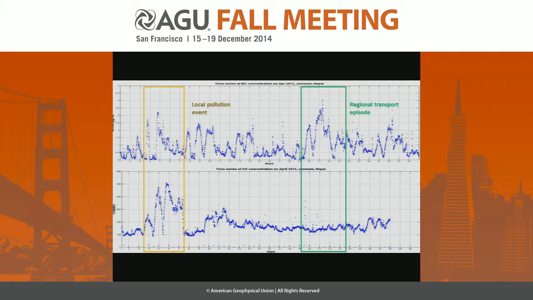The reason is that carbon monoxide is fairly well mixed by the time it comes up to the mountains through these valleys, if it is emitted far away. But if the emission is very close to the site or within the valley, you see the peak that goes over the background concentration of carbon monoxide.